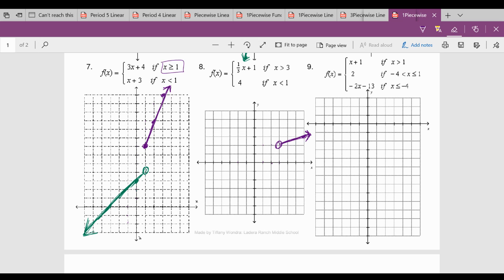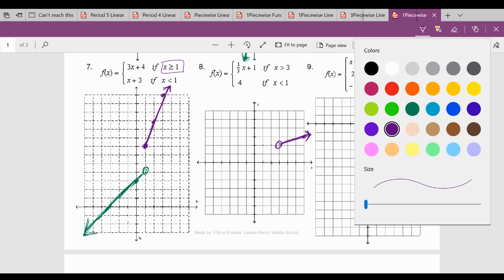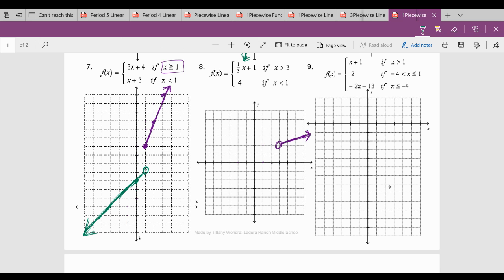Okay. Next one, f of x equals 4. That is just a horizontal line at 4, at y equals 4, or f of x equals 4. So that's going to be 1, 2, 3, 4, like this. And then it says if x is less than 1. So 1 is right here.